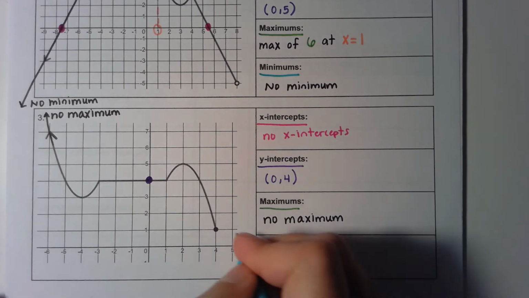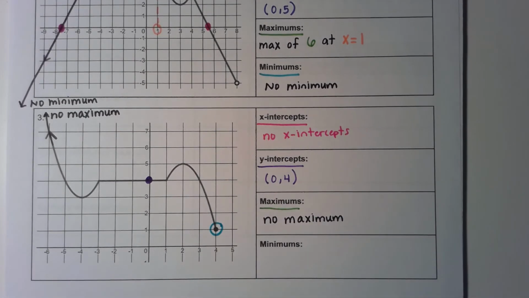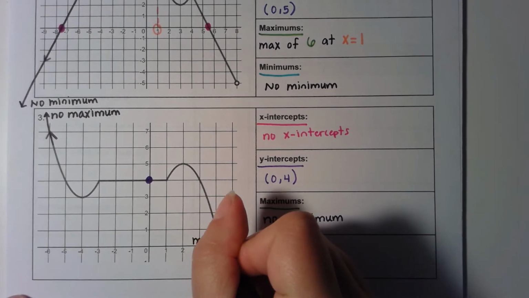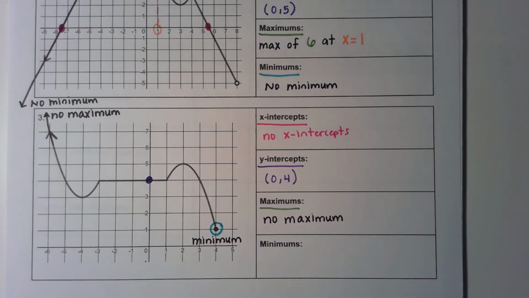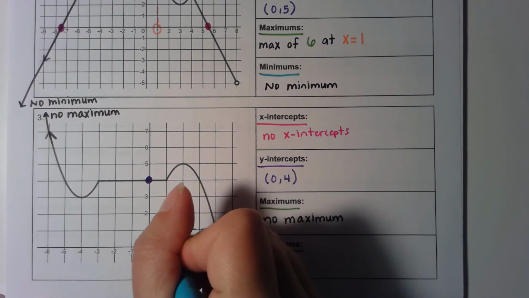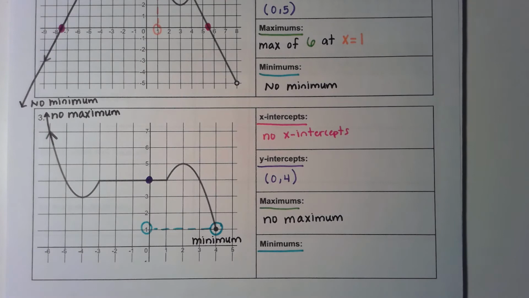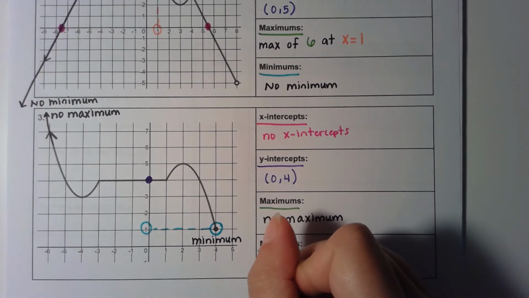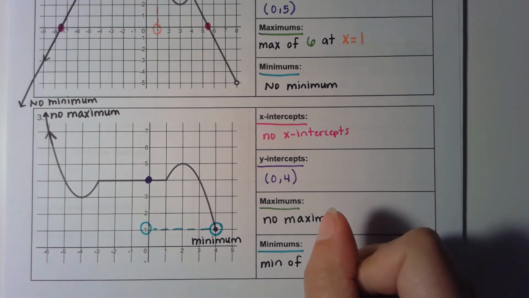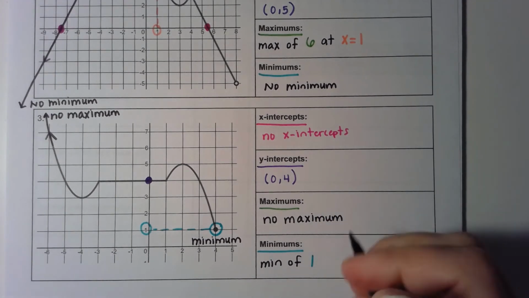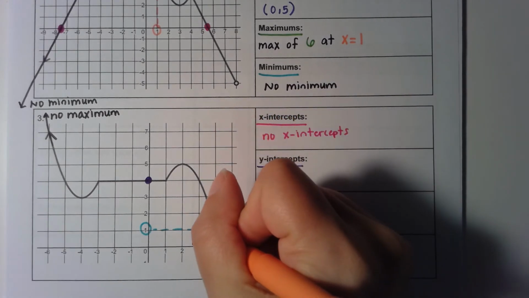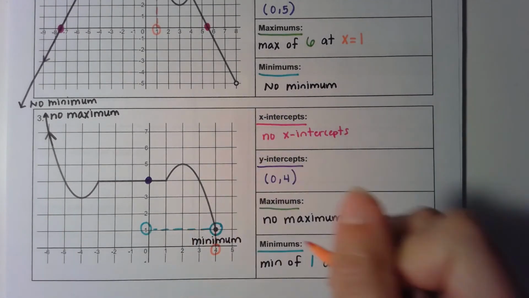The lowest that the graph goes here is going to be right here. So since the lowest the graph goes is right here, we would say there's a minimum of 1 at, and it looks like the x coordinate here would be 4.